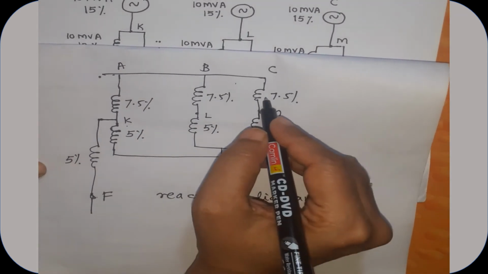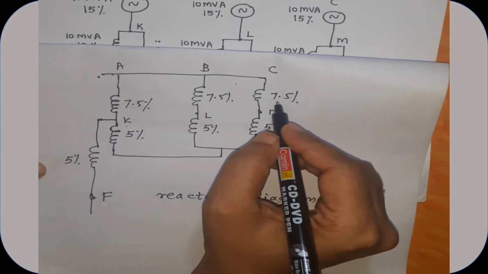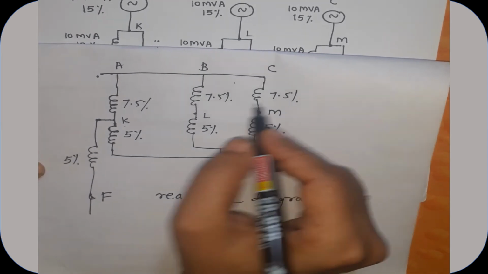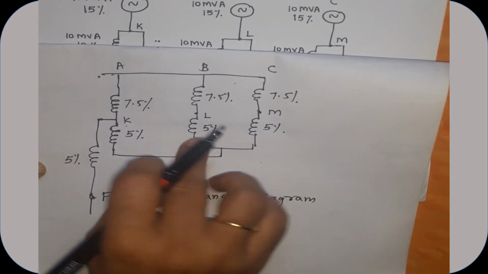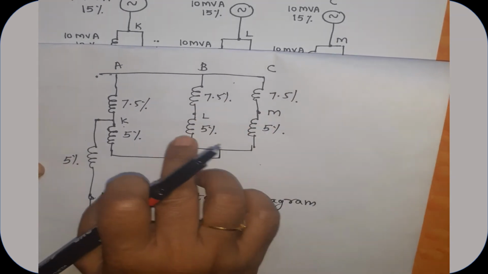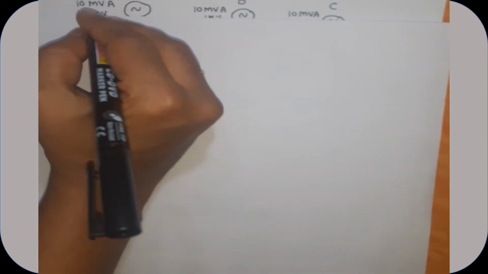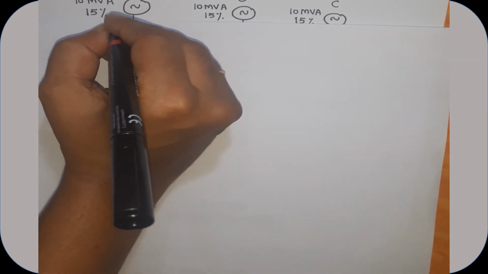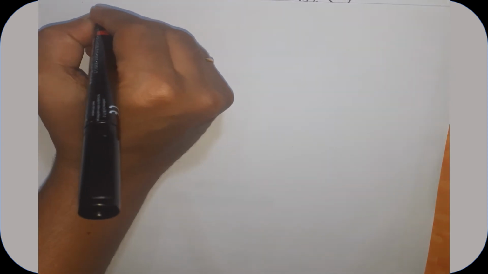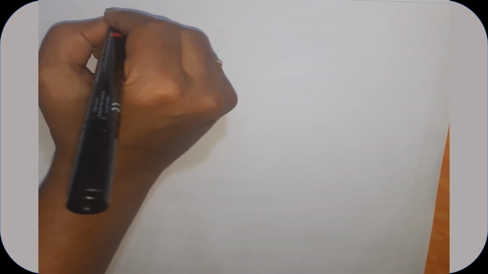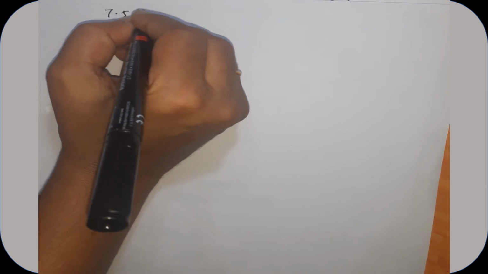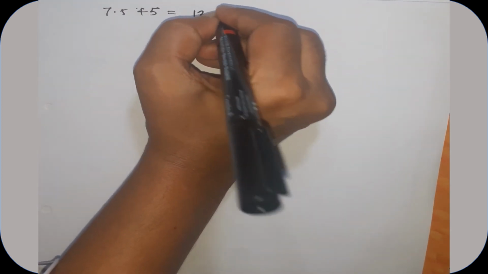These two are in series. Similarly, these two components are in series. So 7.5 plus 5 is 12.5. So the 12.5 and 12.5 of these branches will come in parallel, and finally you will get the equivalent of this parallel combination. So let me write here. 7.5 plus 5, that is 12.5.